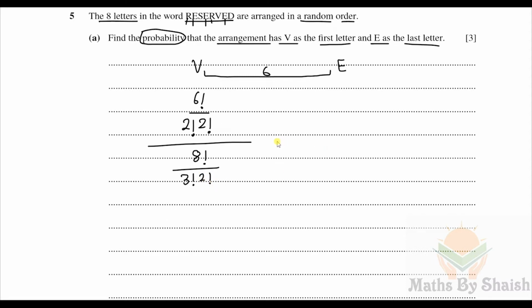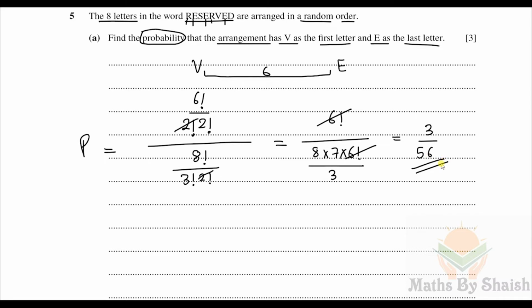We can see these two got cancelled, and we can rewrite it as 6 factorial over 8 factorial, so I'll write 8 into 7 into 6 factorial, and here divided by 2 factorial, so 2 factorial got cancelled, we are only left with 3. 6 factorial got cancelled, 3 will be in the numerator, and 8 sevens are 56. So the probability is going to be 3 over 56.